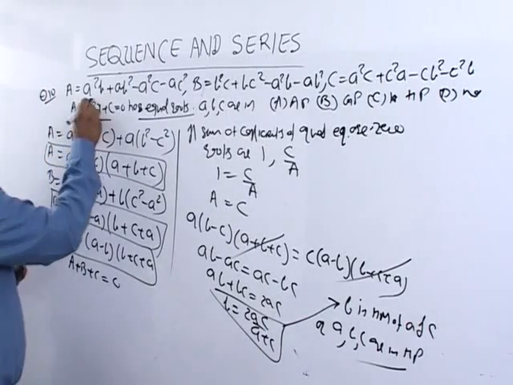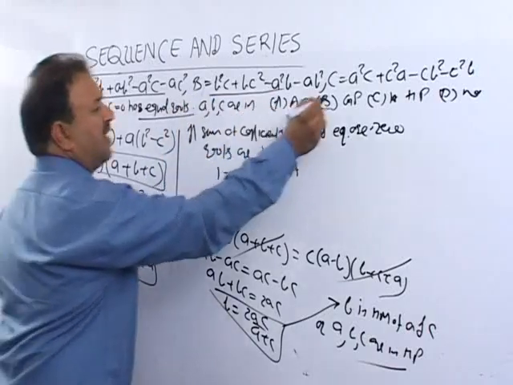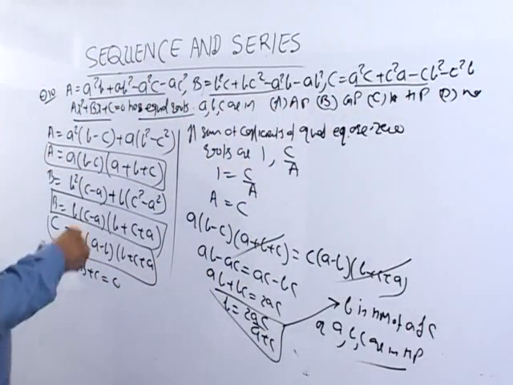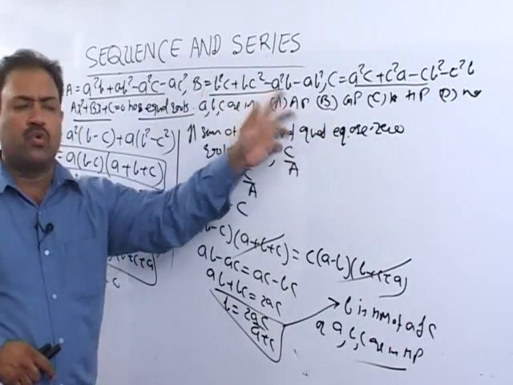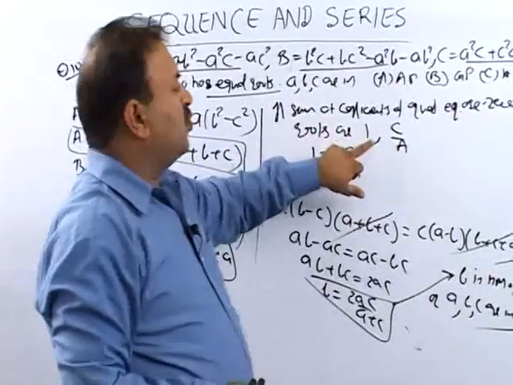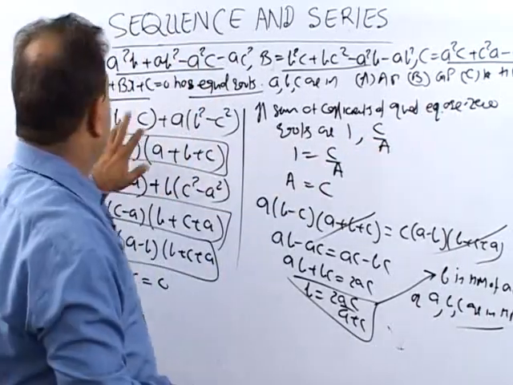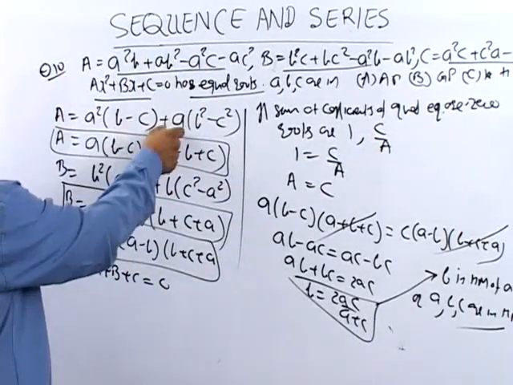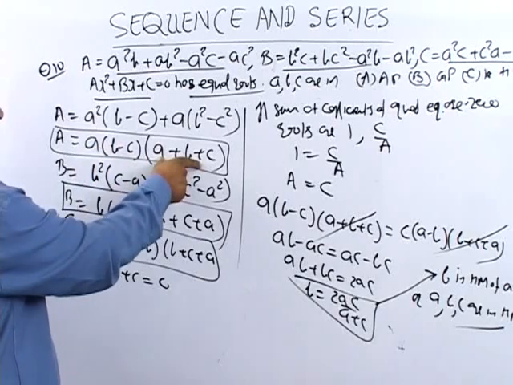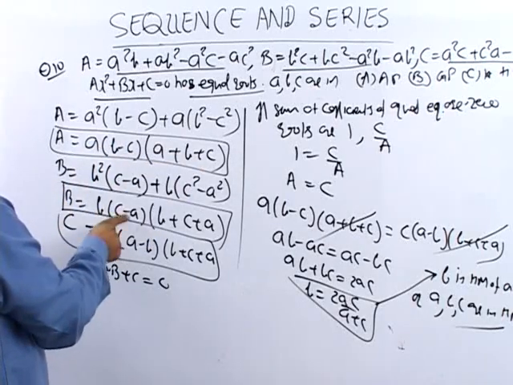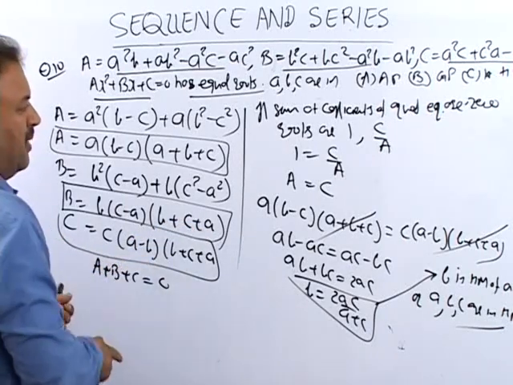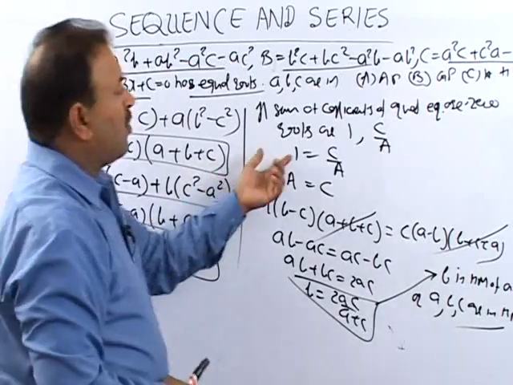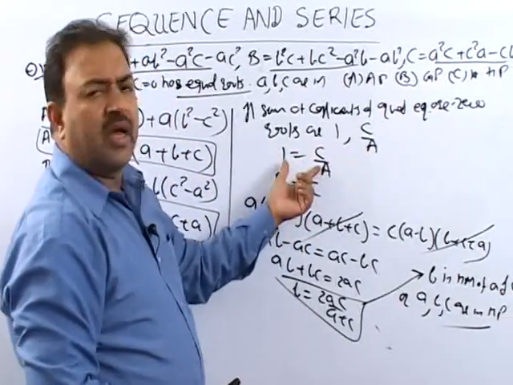These terms we have been given out. This is A, this is B, this is C, this way. First of all, what did I do? We have been given ax square plus bx plus c. From here you can see that a plus b plus c, the sum of coefficients, comes out to be 0. So one thing becomes clear that the roots are 1 comma c over a. Before that, we took the a, made the factors, and got a into b minus c into a plus b plus c. Similarly, for b we got bc minus a into b plus c plus a, and similarly c into a minus b into b plus c plus a. So if the sum of coefficients is 0, the roots will be this one, and these roots are equal.